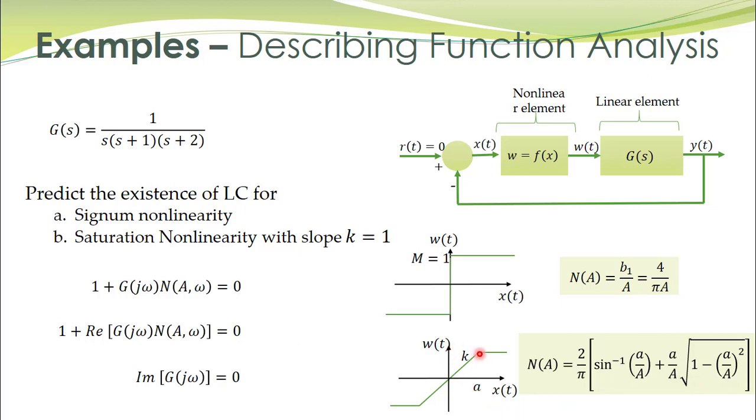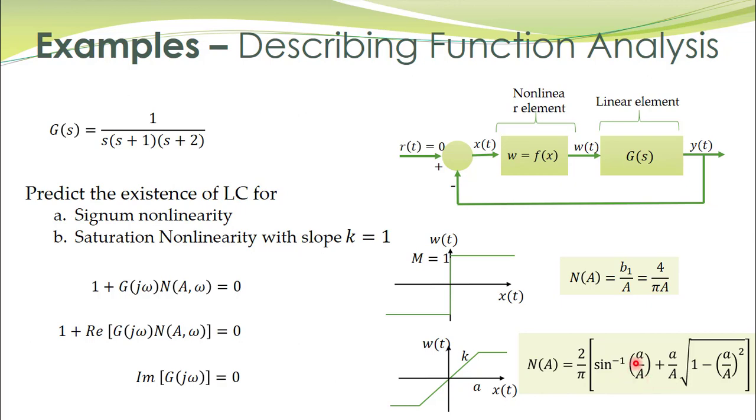Otherwise, this nonlinearity is not effective. Otherwise, that is simply a linear system, and in linear systems, no limit cycle can exist. So this capital A is always greater than small a. What does that mean? If we look at this thing, this whole thing will always be less than 1. What about this thing?